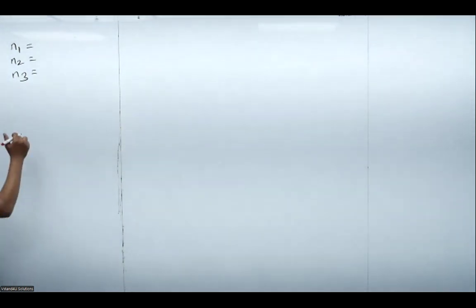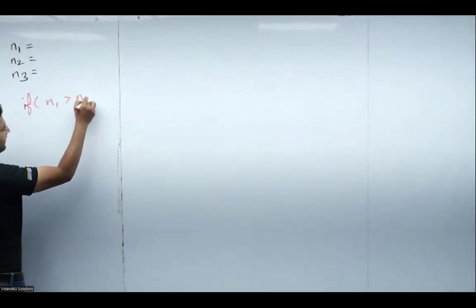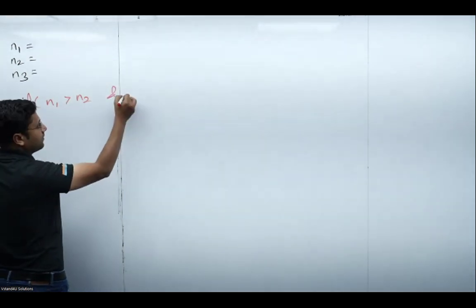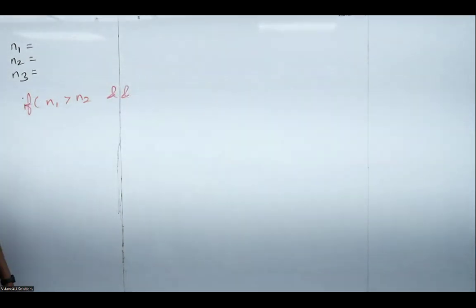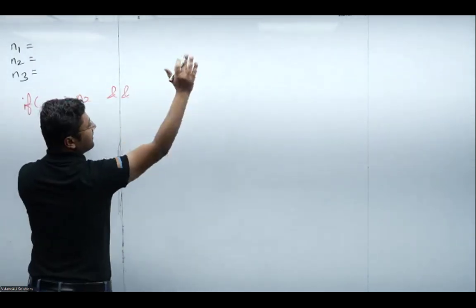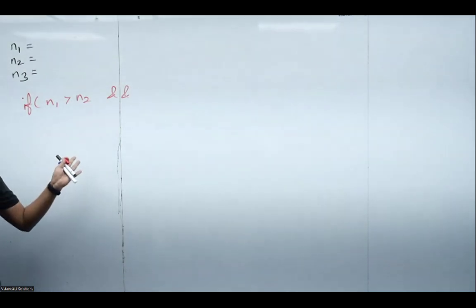If at all N1 is greater than N2, why? If this condition fails, second part won't even be checked. Agree? Remember, short circuit operator.